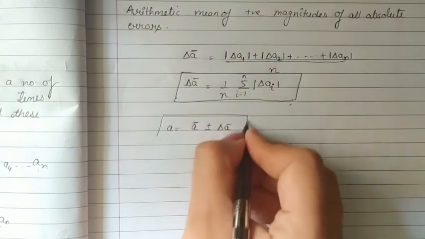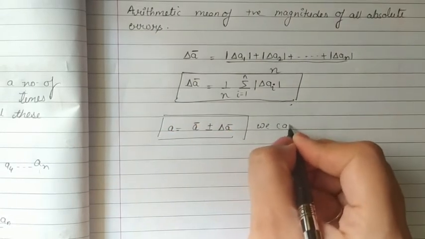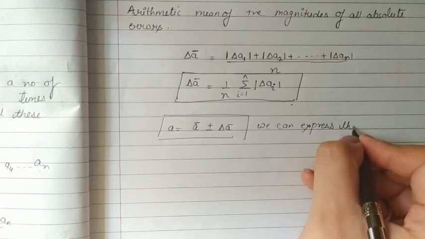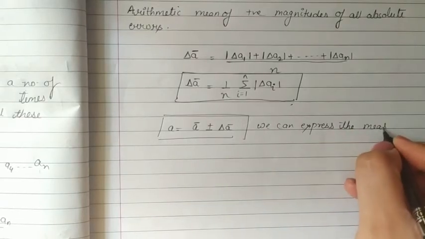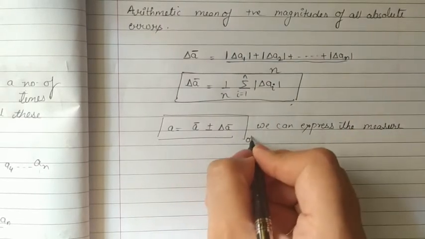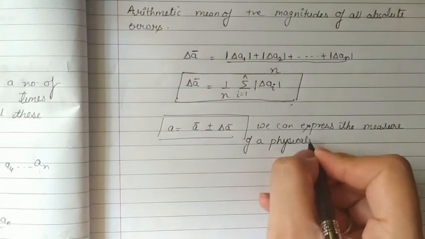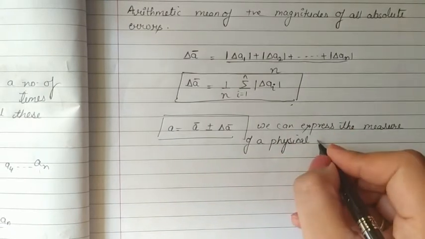So in this way, we can express the measure of a physical quantity. Means first we have to write its true value and then plus minus के साथ इसका error.